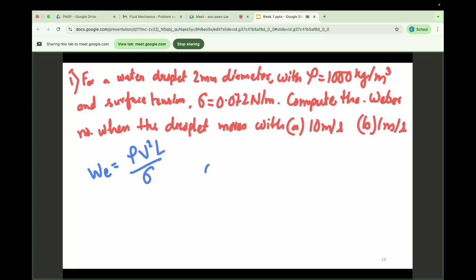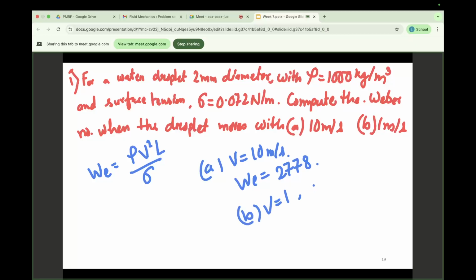As the velocity in the first question is given as 10 meter per second, if you put all the values, you will get We around 27778 like that. And if V is 1, you will get it as around 28.